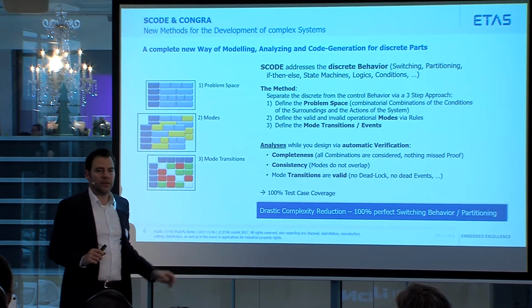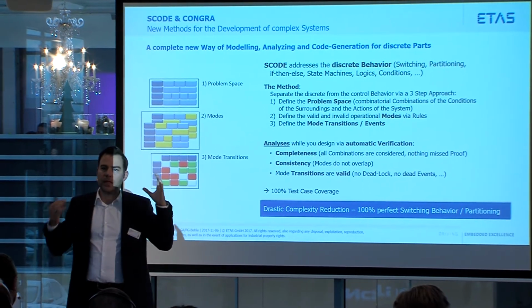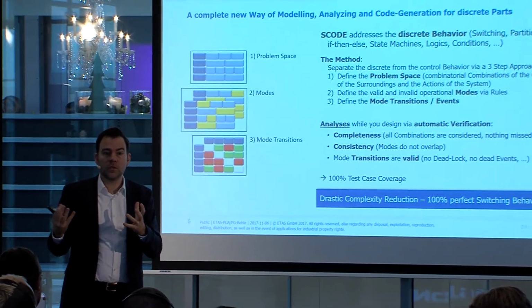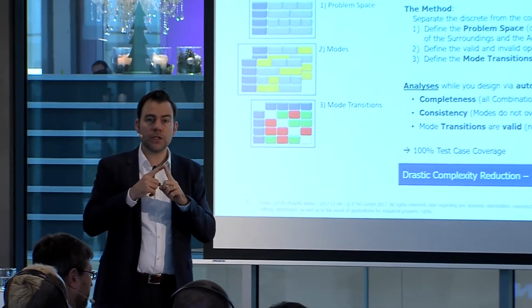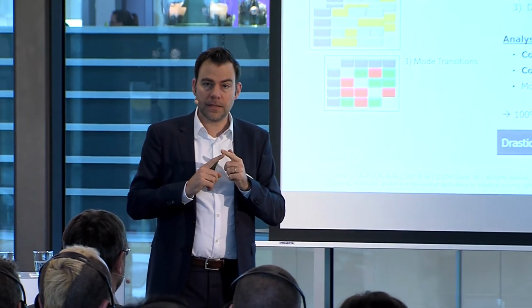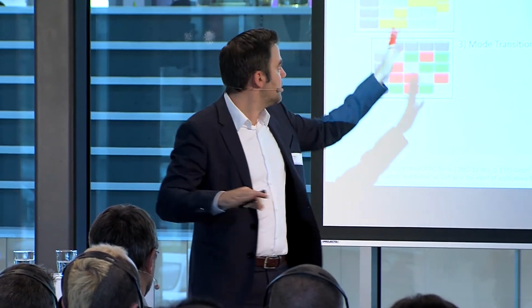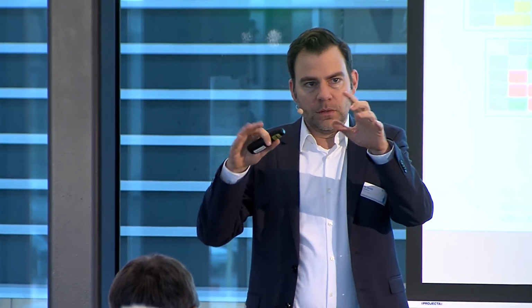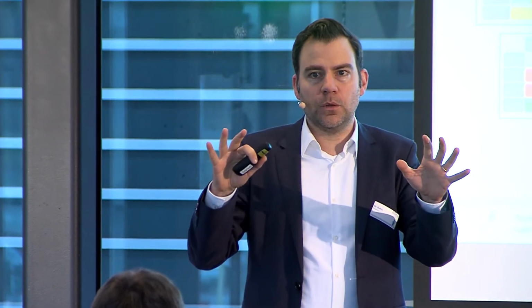And the power of the SCODI approach comes with our second step. What we do is we cluster all the combinations. We have to handle all these combinations, but we cluster them in modes so that we have two properties. The first property is everything we define is treated completely and fully. So we don't skip any combination.